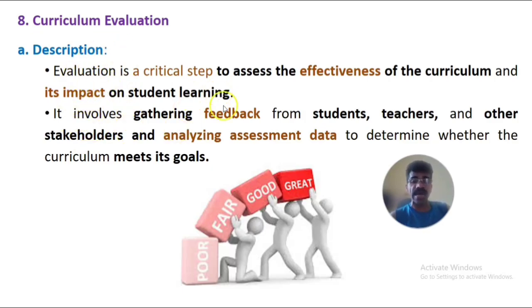It involves gathering feedback and information from the students, from the teachers and other stakeholders, the management of the particular hospital organization, and analyzing this collected data from students, teachers and the other stakeholders to find out whether the curriculum meets its goals or objectives which were already set as SMART.